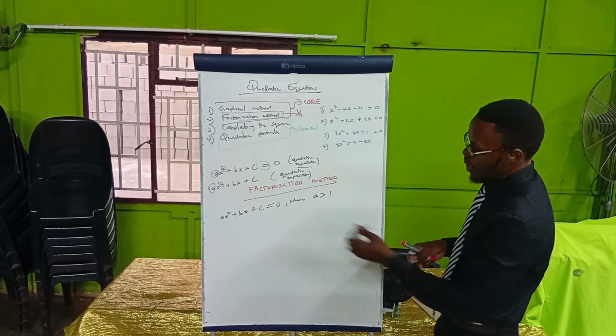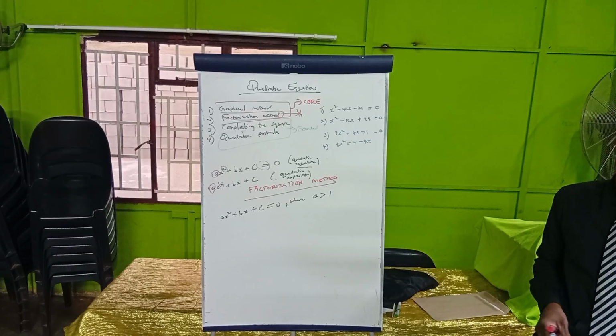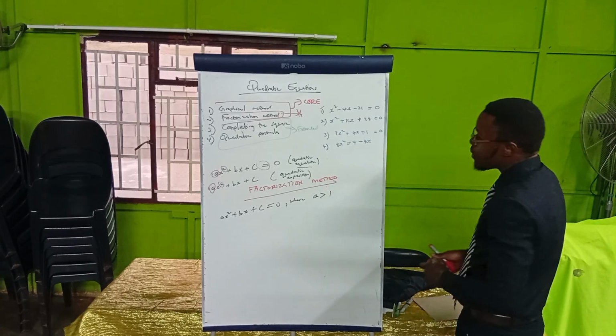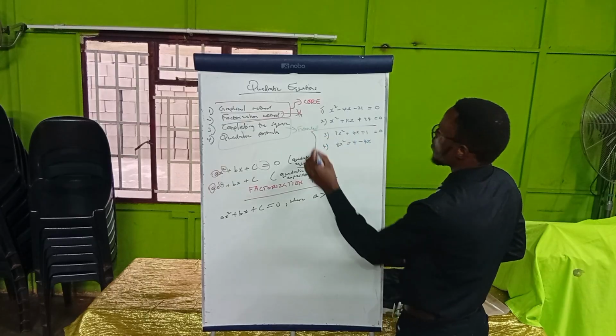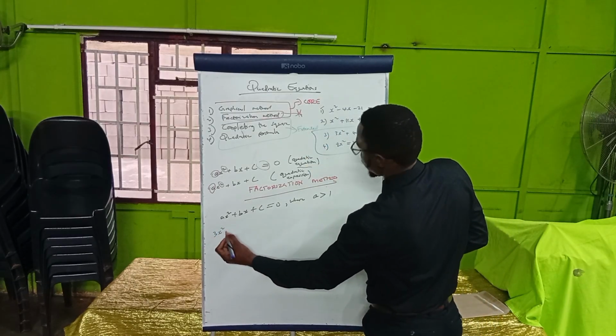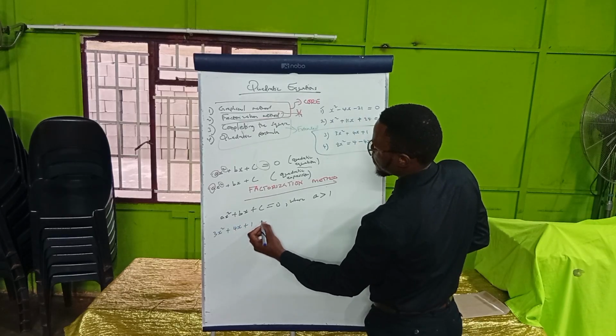Of course a can never be equal to 0, because that will eliminate the whole term. Now we're focusing on the last two. The first one is 3x squared plus 4x plus 1.